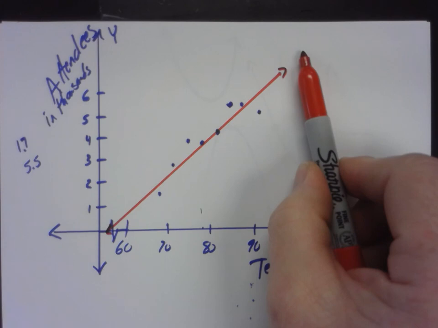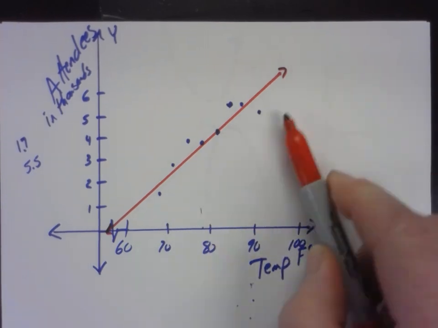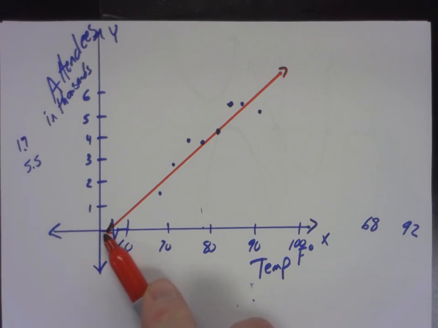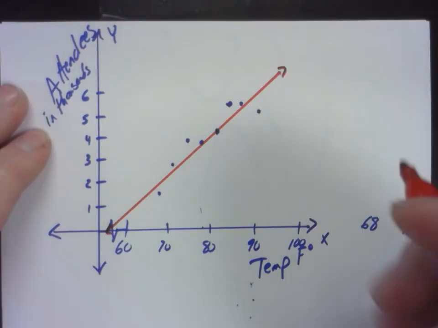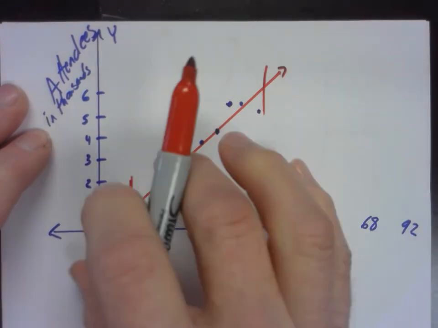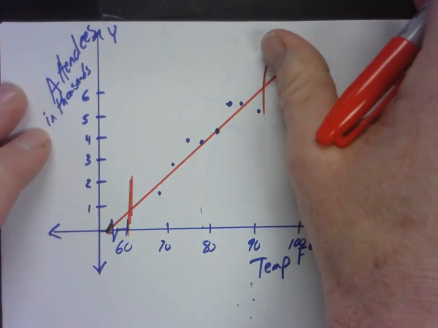Who wants to go to a baseball game when it's 100 degrees outside? Two of you. Okay. So, what about down here? 55 degrees, do you think we're going to have 0 fans show up? No. So this line might really only be true in that area right there. So you have to keep that in mind.